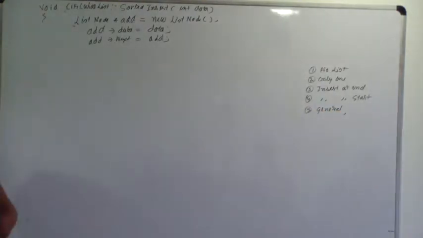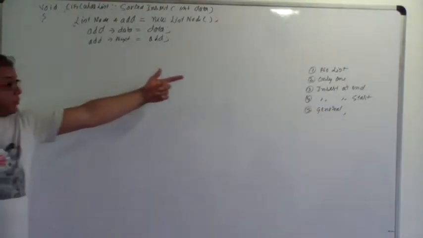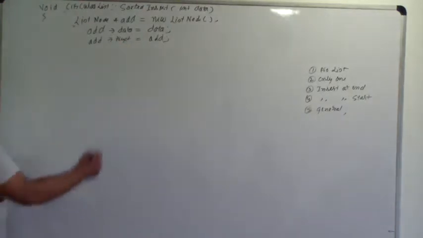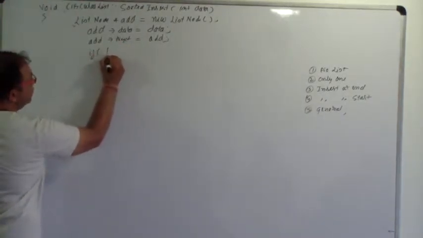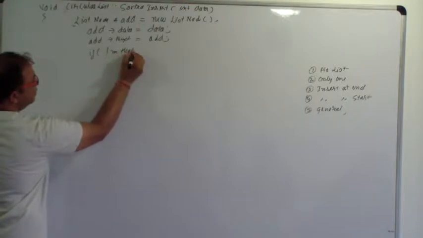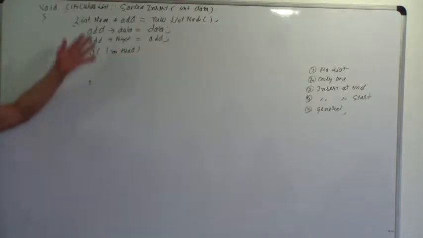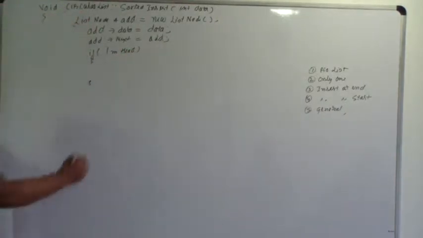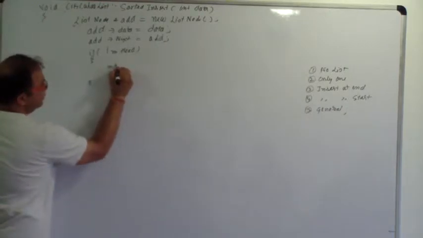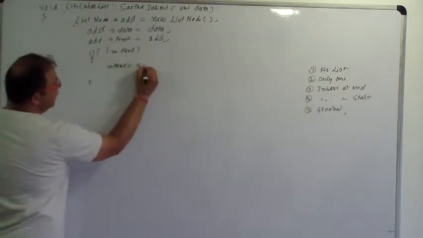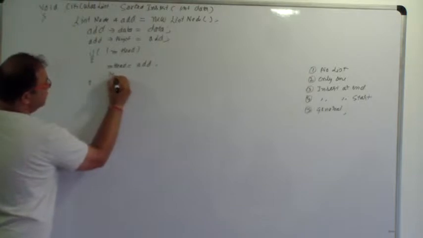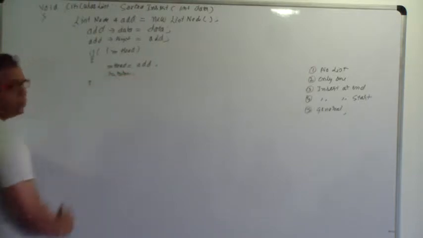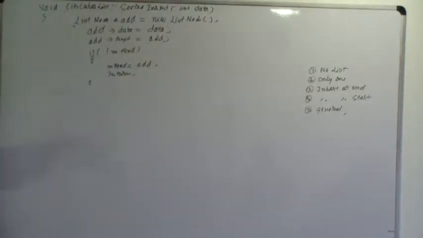So we'll first try the first condition, that there is no list, so we check if not m_head. In that case, the node is already created. We'll just say m_head is equal to add and return. So this will keep on building the list in a sorted manner.